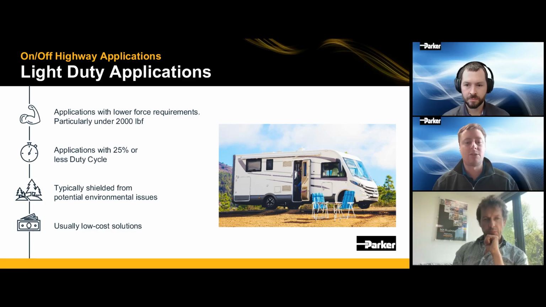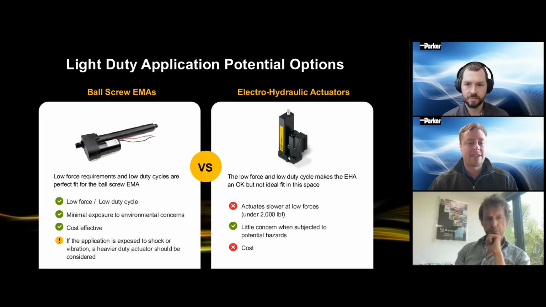And then usually OEMs are looking for the low cost solutions for that. So in this space, there's really 2 different linear actuators, based on what Jake talked about on the construction of the different types of linear actuators. The ball screw EMA makes the most sense here. Really good at that low force, that low duty cycle.